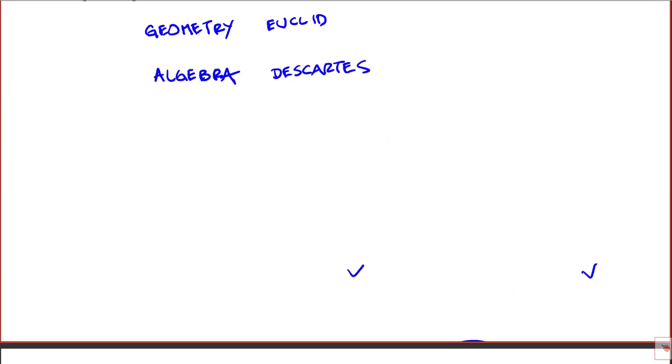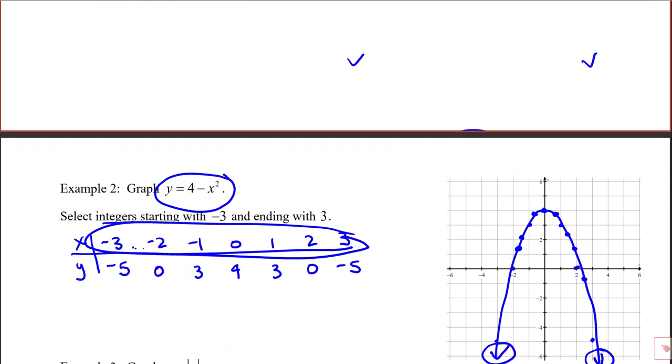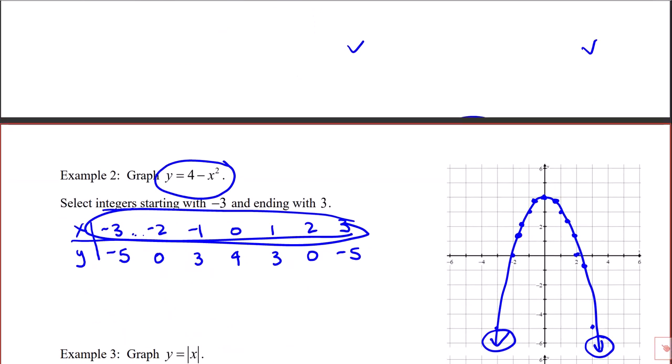I was going to move it onto an XY axis. And if I can move a shape onto an XY axis, then I can have an equation to describe the shape. Shape first, equation second.